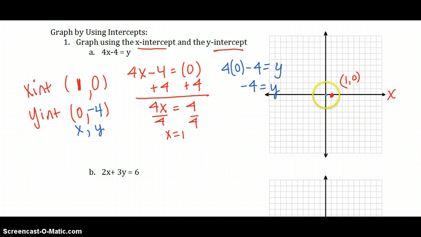So 0 on x and go down 1, 2, 3, 4 to a negative 4. 0, negative 4 is my y-intercept. You only have to have 2 points to determine a line, so I have 2 points now. I can graph my line. I'm going to save B for you to practice on your own. Try finding the x and y intercept.